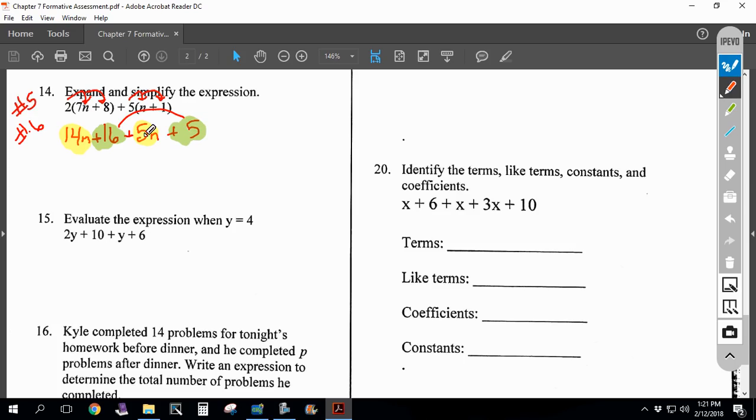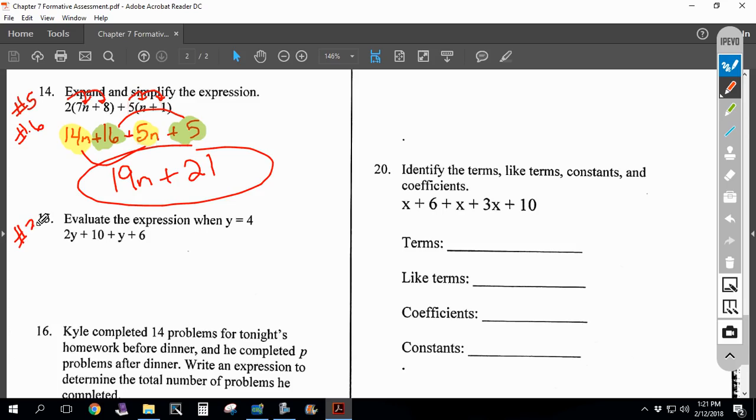So I'm basically going to be doing this and this put together. 14 nachos and 5 nachos, that's going to give us 19 nachos. And then we're going to add those constants together. 16 and 5 makes 21. And that's your answer.